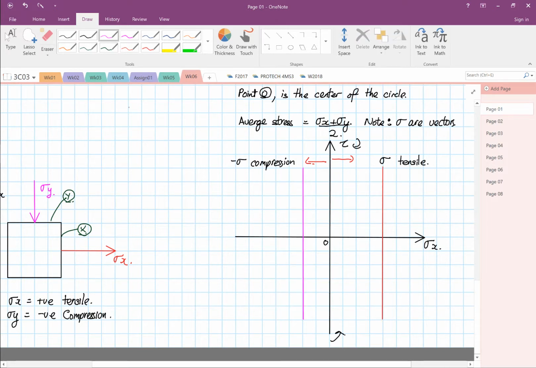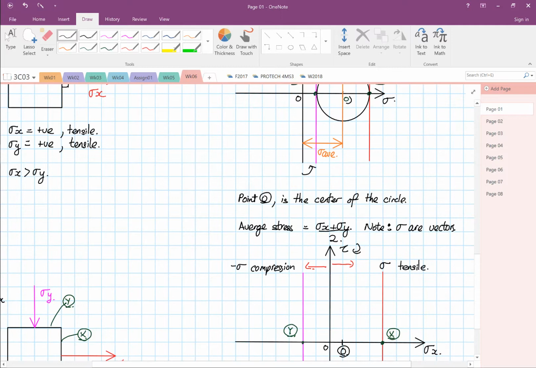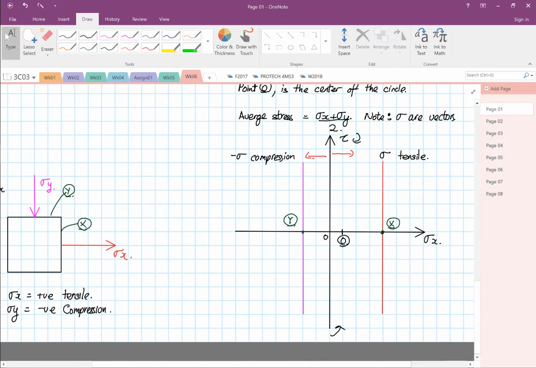Because the shear stress is 0 like before, over here point X is here, and over here point Y is here. So we know the center of the circle, this will be our point O, which is our center of circle, not 0. Then from here we can draw our Mohr circle. We can construct our Mohr circle now.